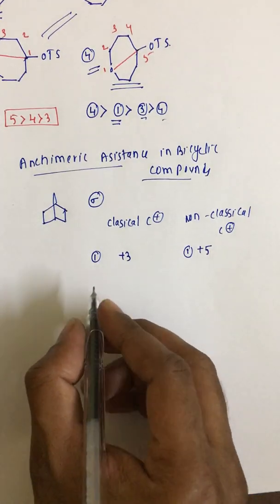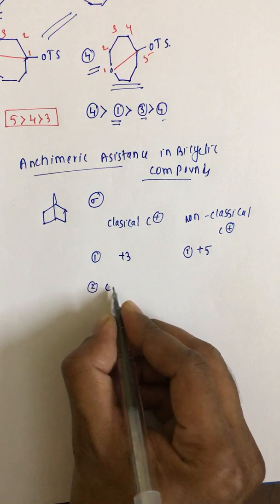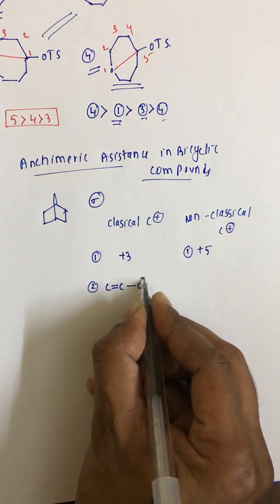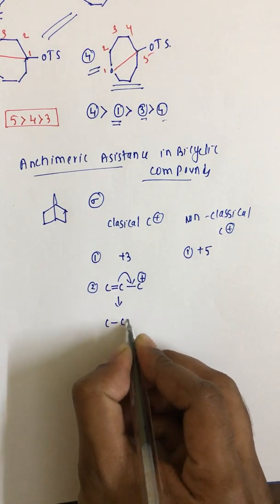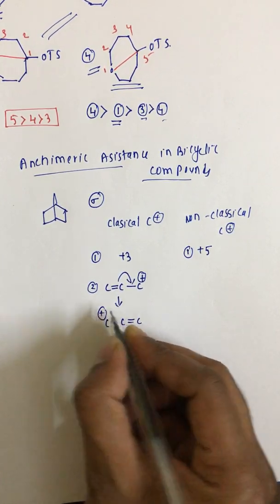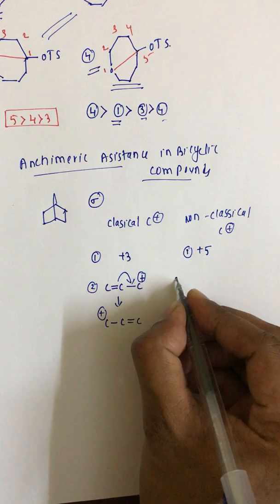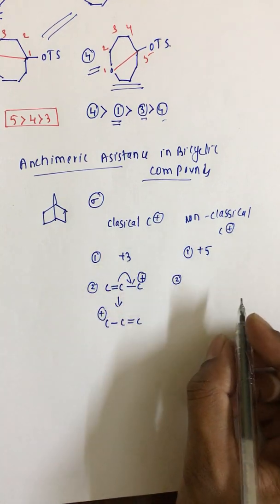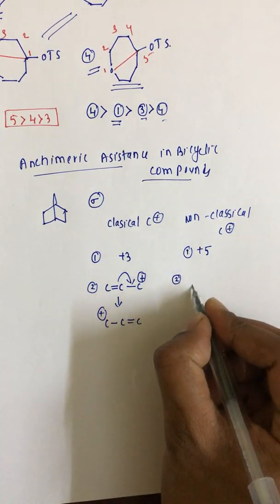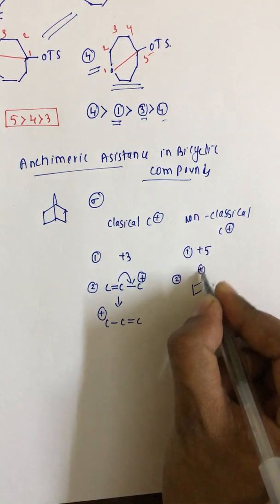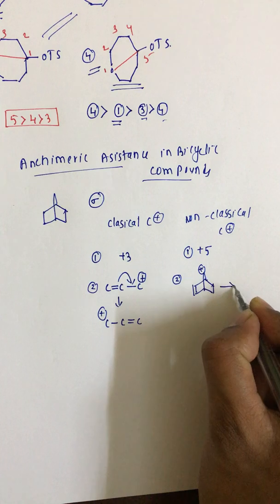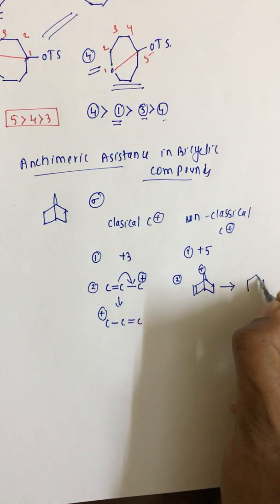And the second important point is, if C double bond C is there next to C plus, this comes under resonance. But in case of this non-classical carbocation, if a double bond is there, that comes under conjugation, like this. This forms like this.